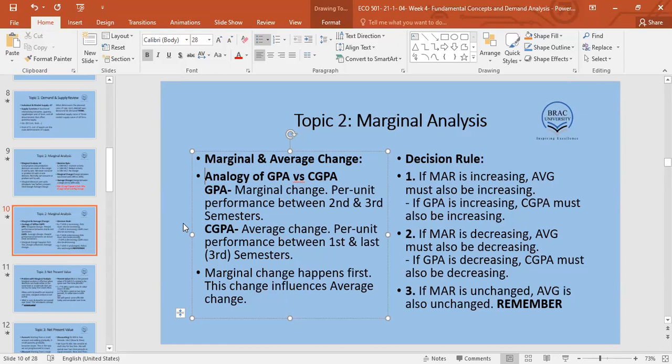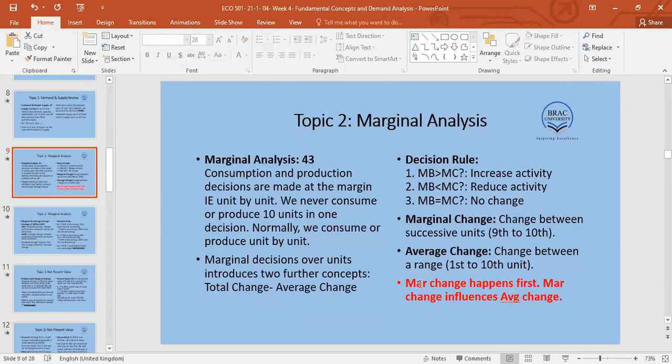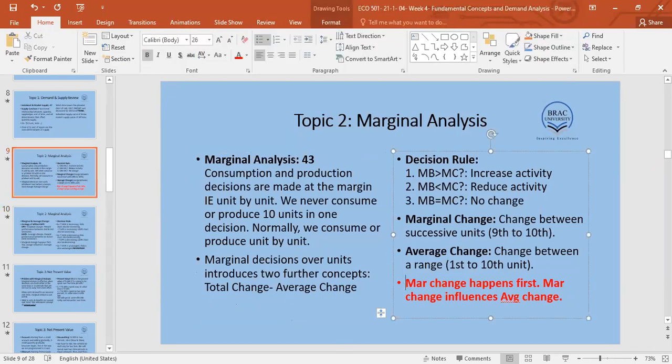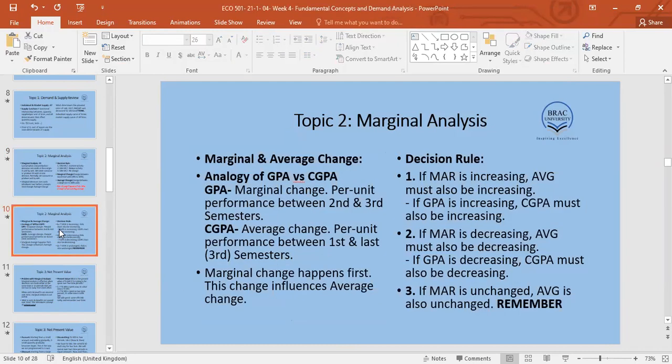That's it. And this red thing, we have to remember that marginal change is the change that happens first, and this change influences the average change. So if your marginal is increasing, i.e. your GPA is increasing, your CGPA must be increasing.